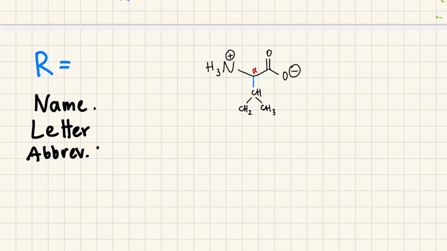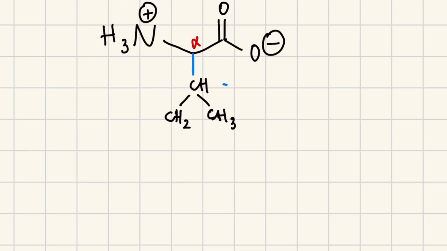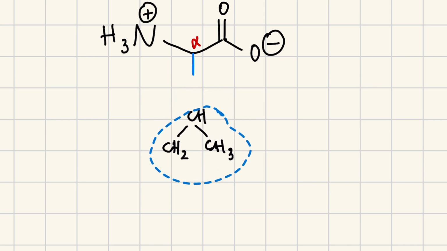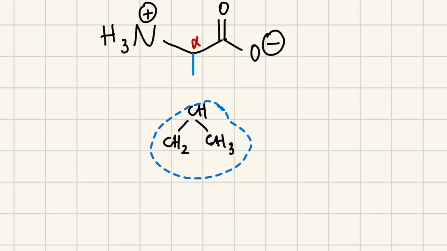Okay, so we have valine, and we're going to build on this to make our next amino acid. All I'm going to do is add a carbon before the V. So I'm going to put this here. Let's add a carbon here.